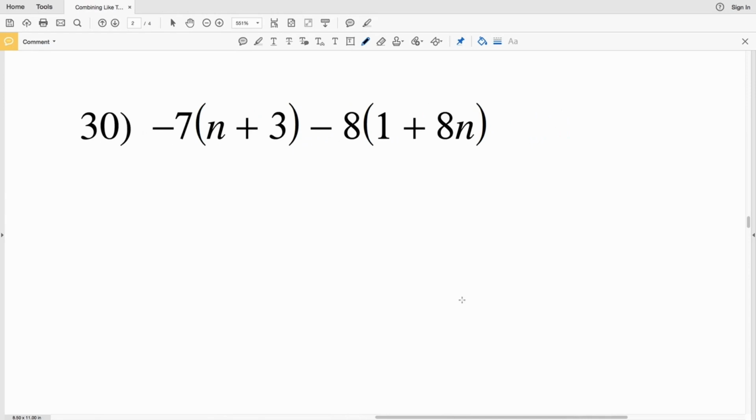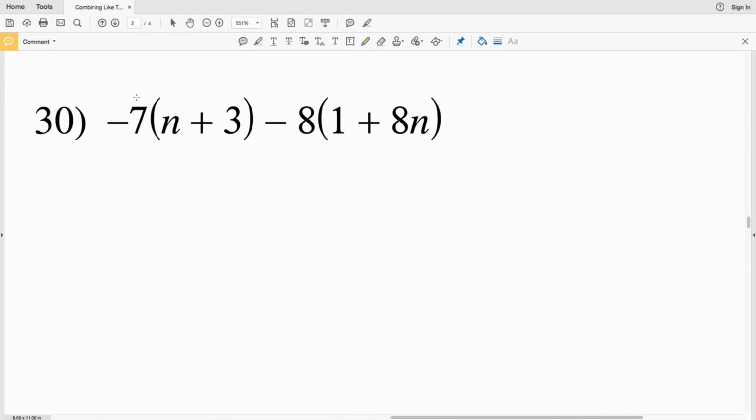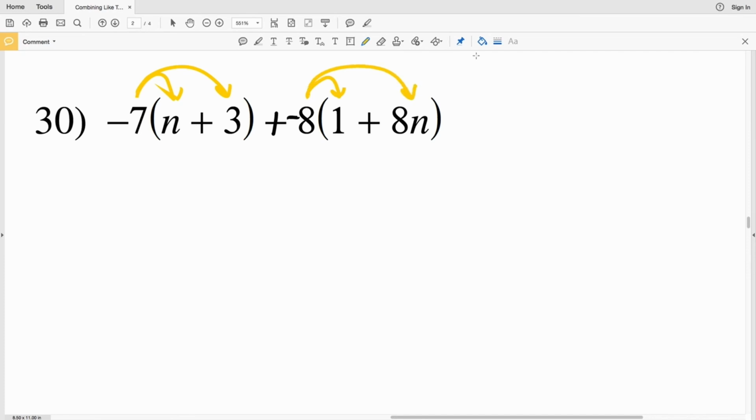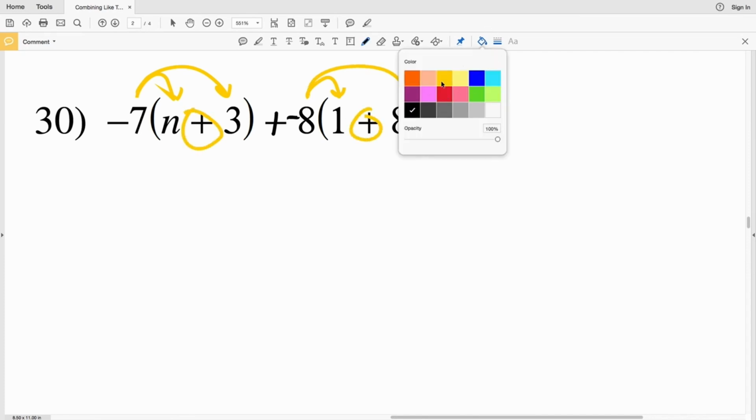And on to our last problem, number 30. Distributing the negative 7, and we're going to distribute a negative 8. So adding a negative. There's addition between each of the two terms.